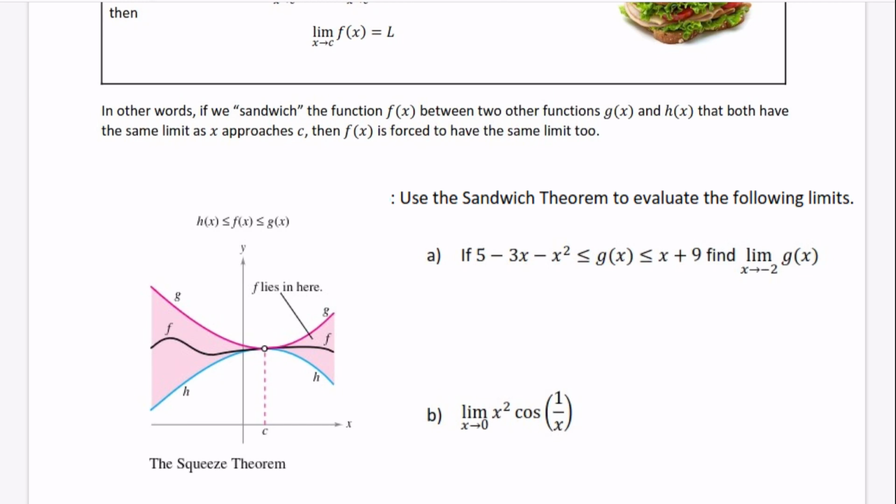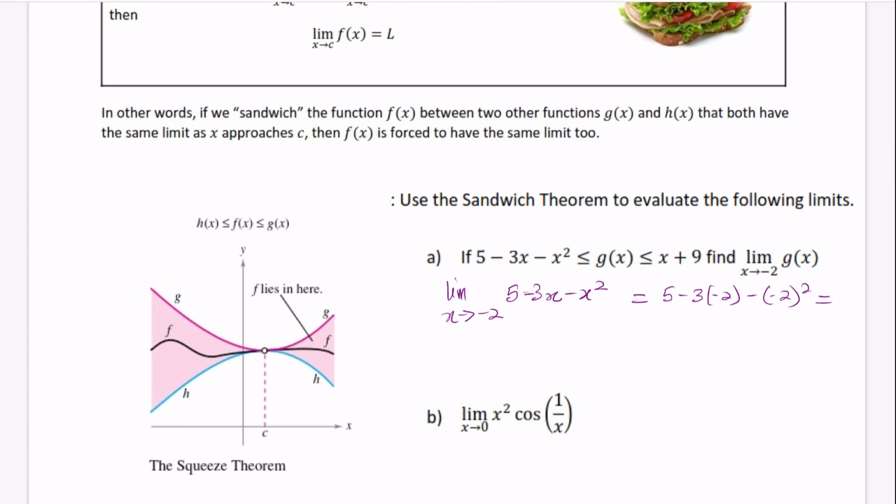So let's do that. We'll first find the limit as x approaches negative 2 of 5 minus 3x minus x squared. And this gives us direct substitution: 5 minus 3 times negative 2 minus negative 2 squared. And if you add everything up, this gives us 5 plus 6, which is 11, minus 4, which gives us 7.